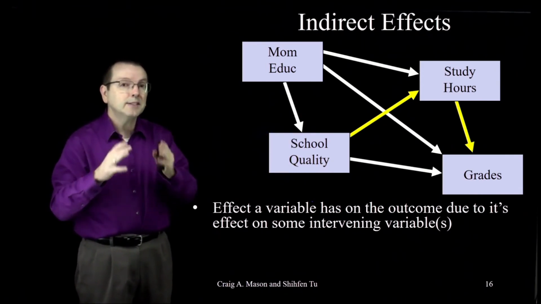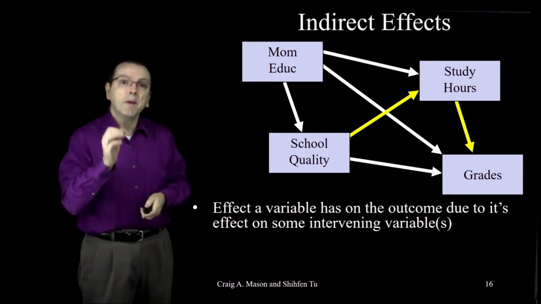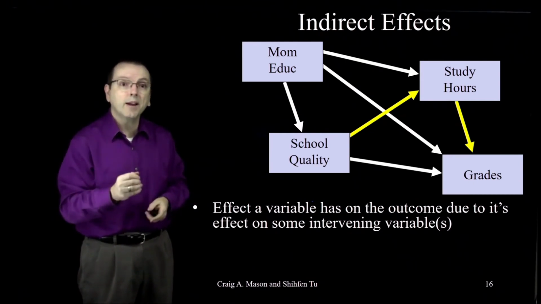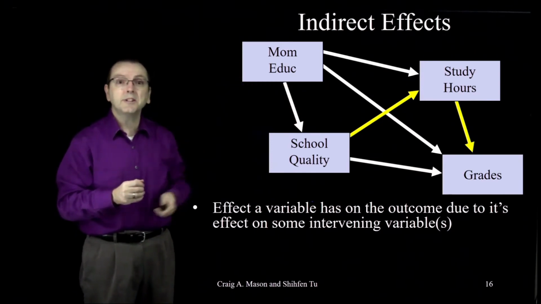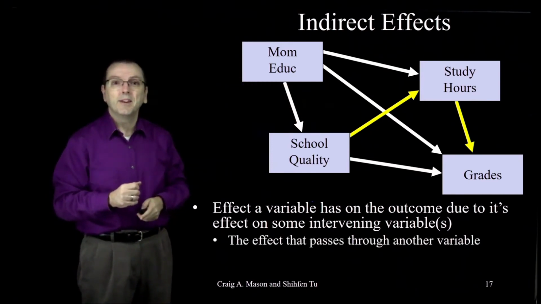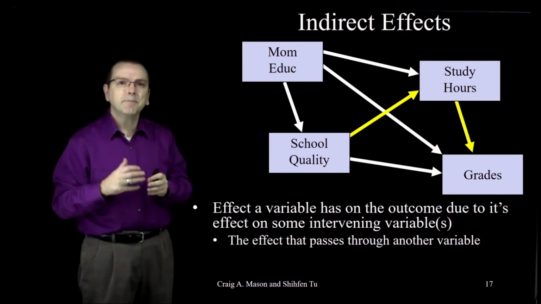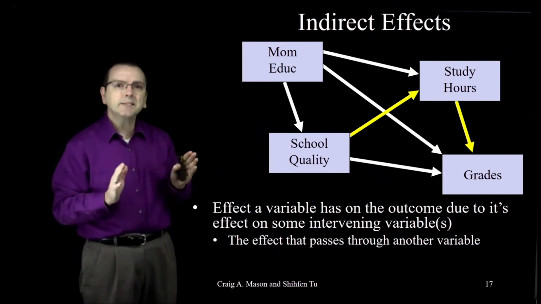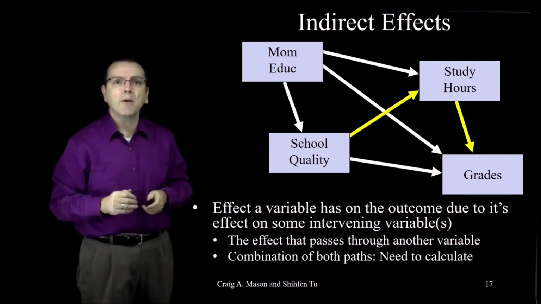Both of these things together make the indirect effect that school quality has on grades through study hours. You can think of it as part of the effect of school quality that passes through study hours.